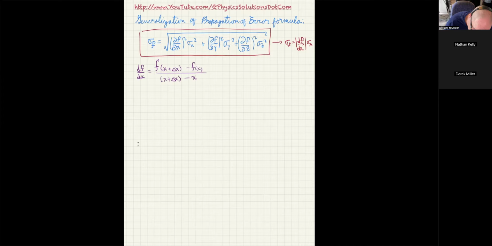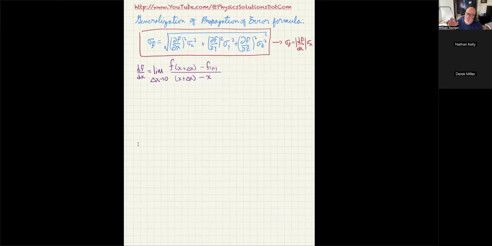But, oops, I forgot to leave space for the limit. So that is supposed to follow the limit as delta x approaches zero. That's what the derivative of f of x is.